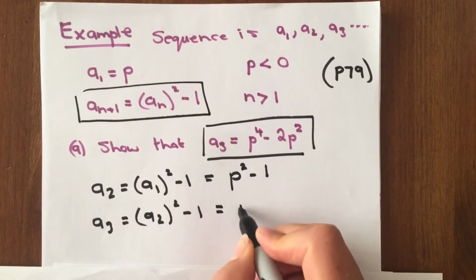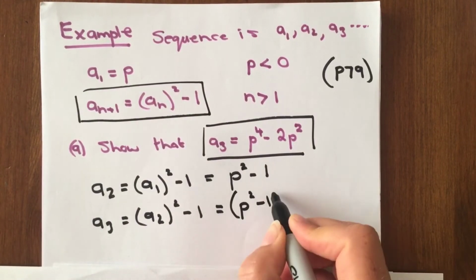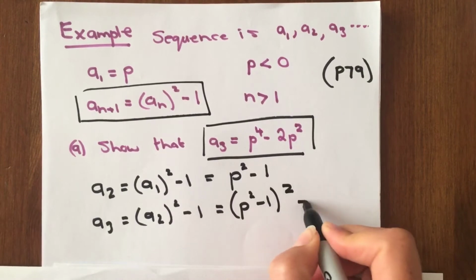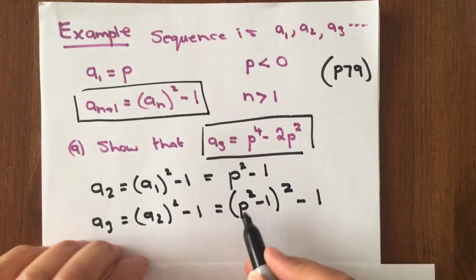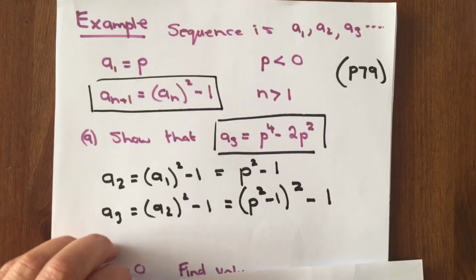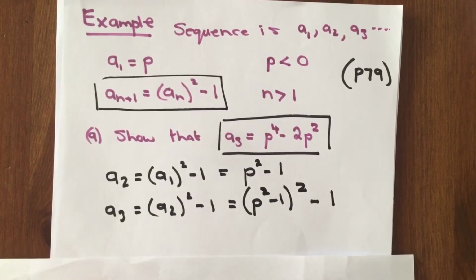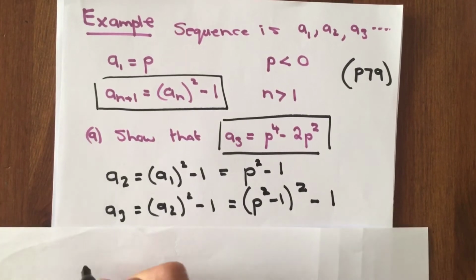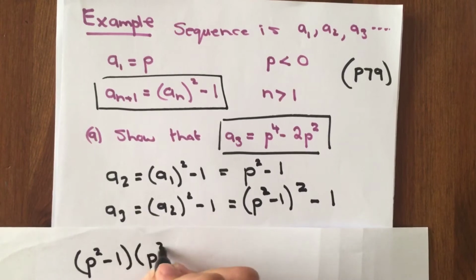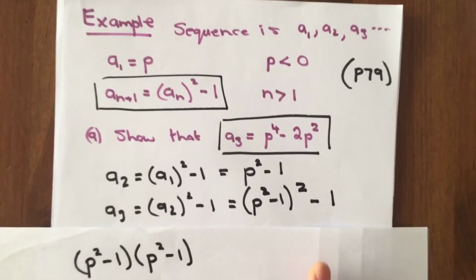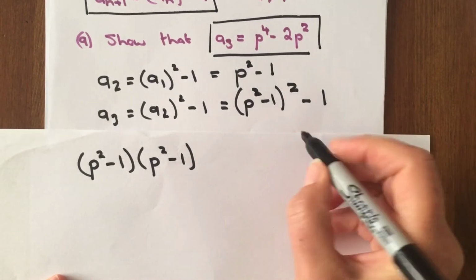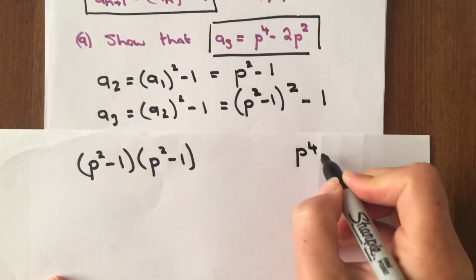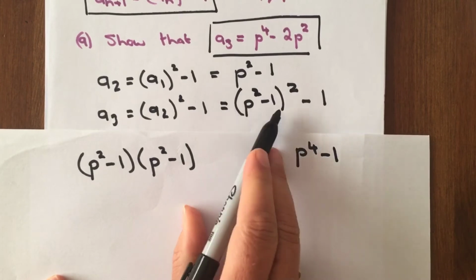The second term is P squared minus 1. I'm squaring it and I take away 1. So now I'm going to multiply out P squared minus 1, just a bit of subworking. P squared minus 1 times P squared minus 1. Do not fall into the common mistake of just squaring the first and squaring the second.